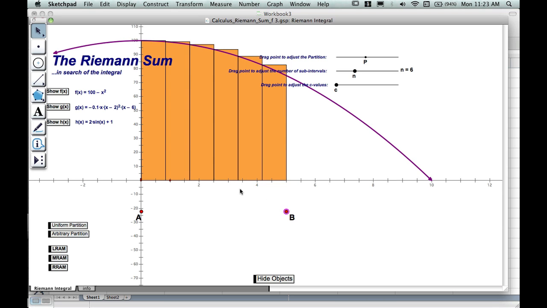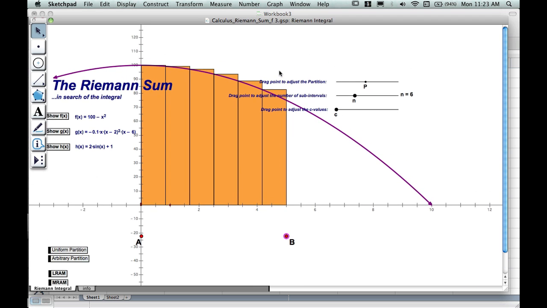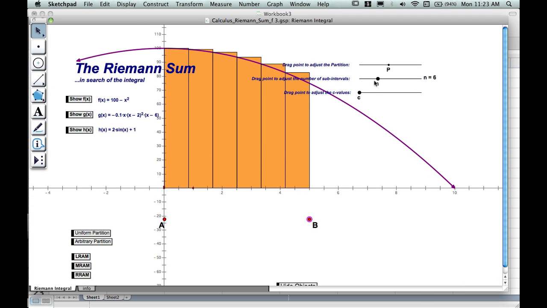And if we used 6 rectangles, 6 subintervals, we would be getting an estimate about like you see here. This would be for LRAM because the left side of each subinterval is what determines the height of the rectangle on that subinterval.